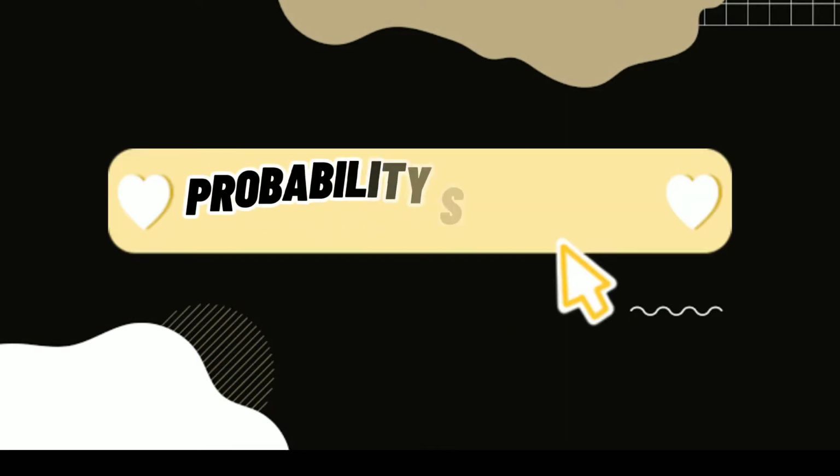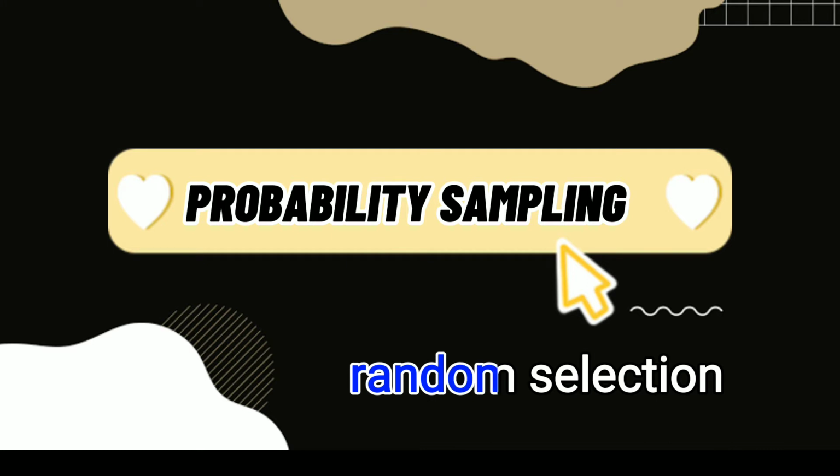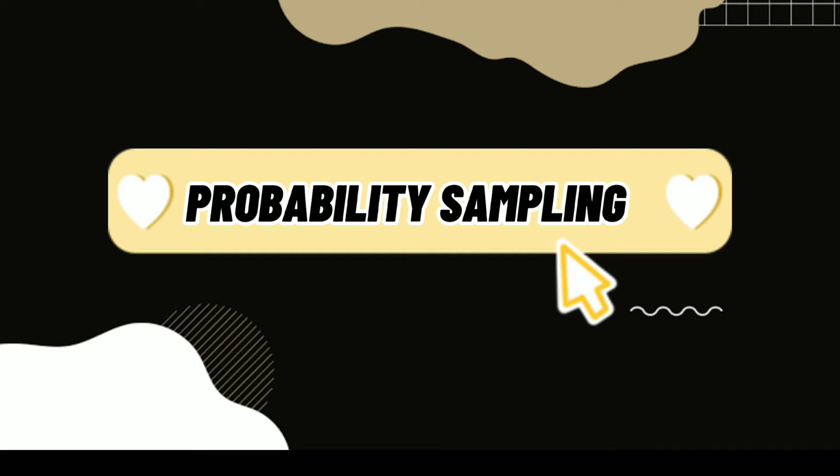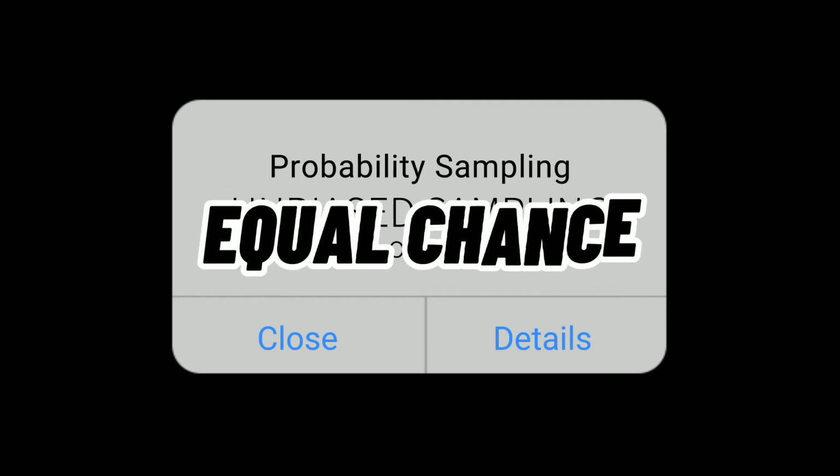One type of sampling method is probability sampling. This involves random selection that allows strong statistical inferences about the whole group. It is also called unbiased sampling because it involves all members to participate. Therefore, everyone will have a chance of being selected.